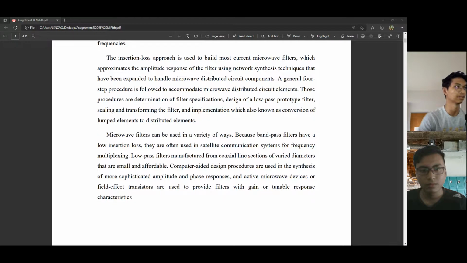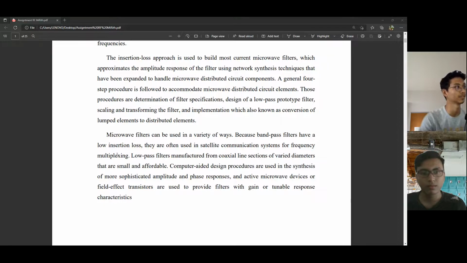So the insertion loss approach is used to build most current microwave filters, which approximates the amplitude response of the filter using network synthesis techniques that have been expanded to handle microwave distributed circuit components.